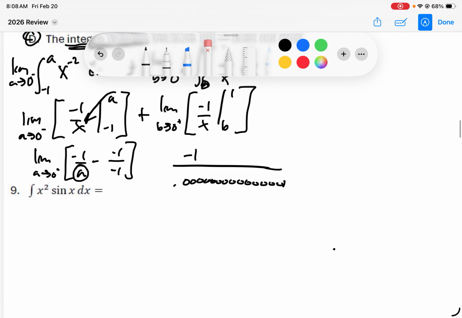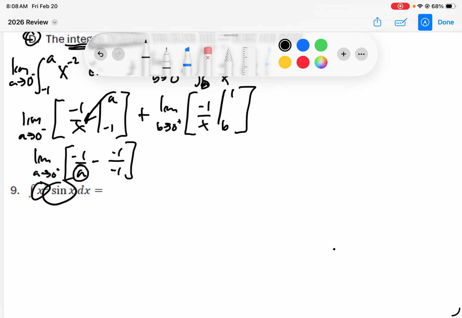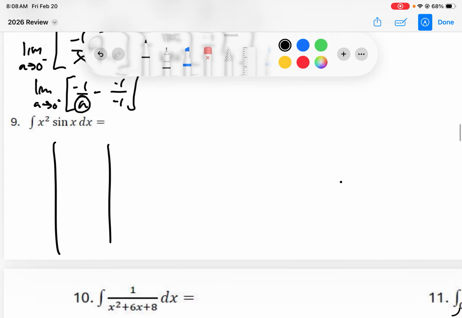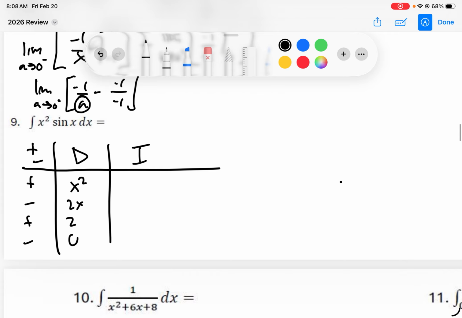All right, number 9. Hopefully you see this. You're like, oh, multiplication. I would try u-substitution. Wait, u-substitution doesn't work, so I've got other little tools. Integration by parts. Tab it out. So plus, minus, x squared, 2x, 0. The integral of sine, be careful, is negative cosine, because the derivative of cosine is negative sine.